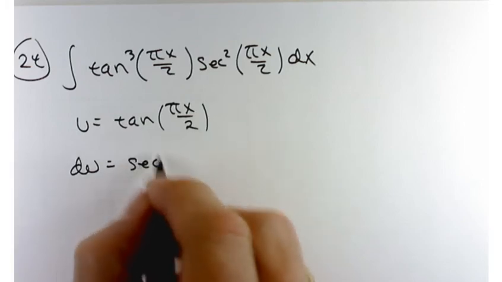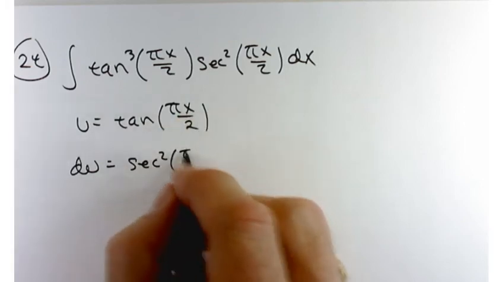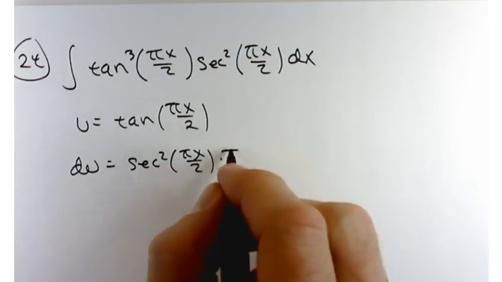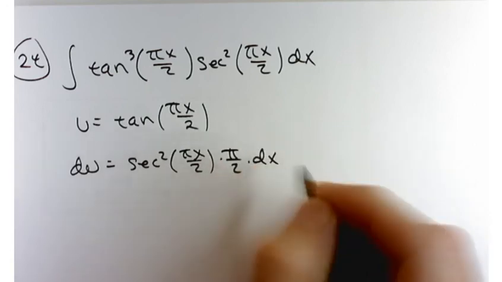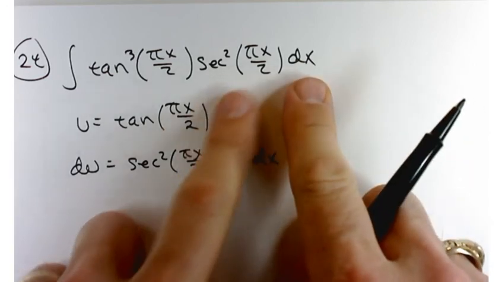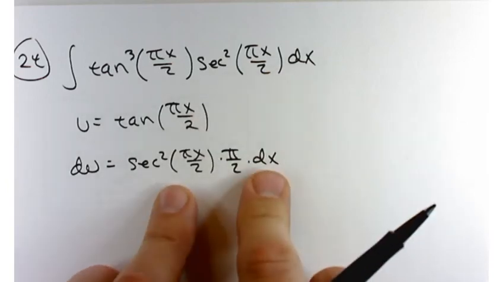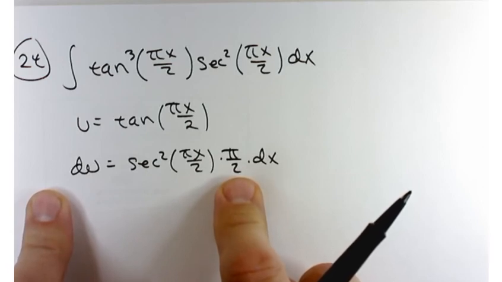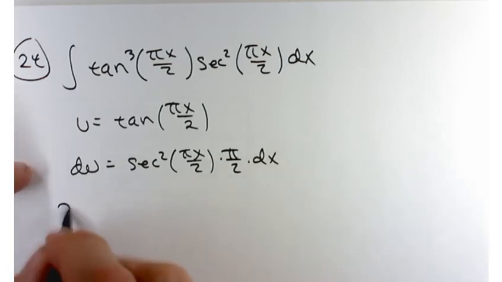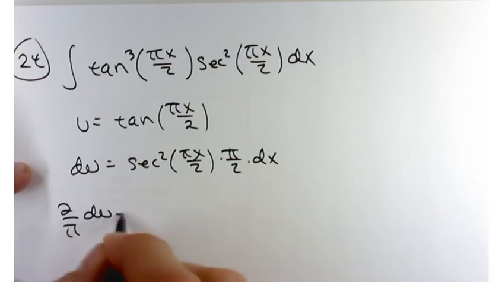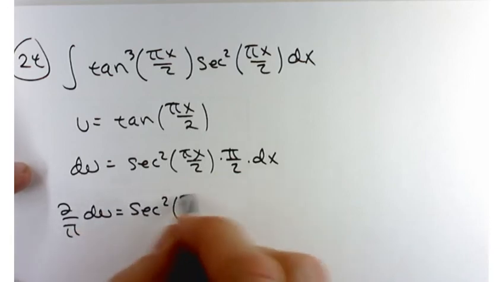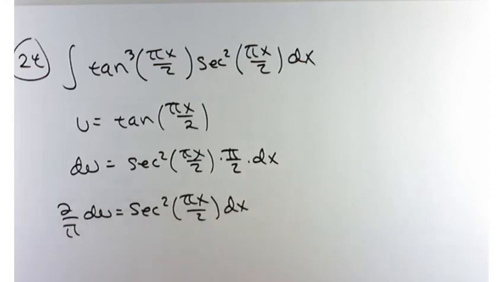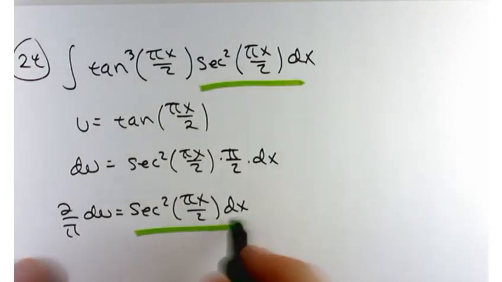It's secant squared, the derivative of the outside, of pi x over 2, times the derivative of the inside, which is pi over 2 times dx. So the pi over 2 is not part of this, but everything else is. Let me move this to the other side by multiplying by its reciprocal. I get 2 over pi du equals secant squared of pi x over 2 dx. That's perfect because this and this match.